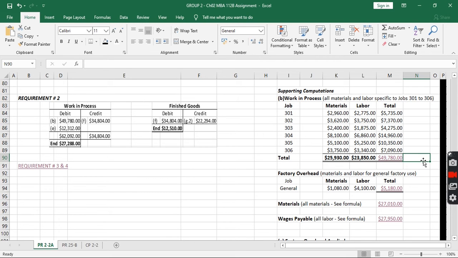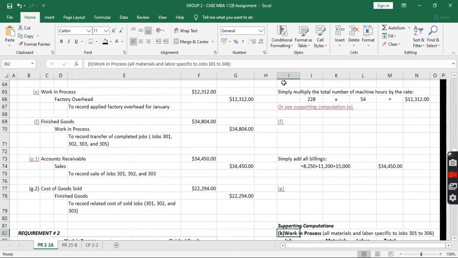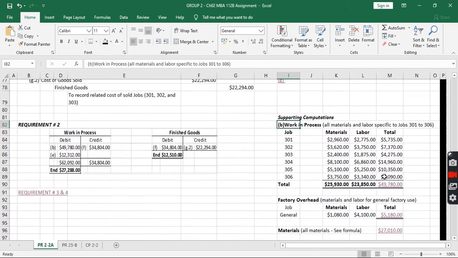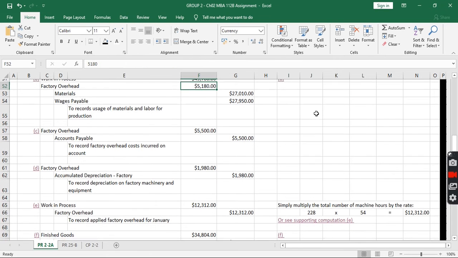So for this matter, the total is 49,780 as shown here. And for our factory overhead, those should only pertain to the materials and labor used for general factory purposes, which is 5,180.